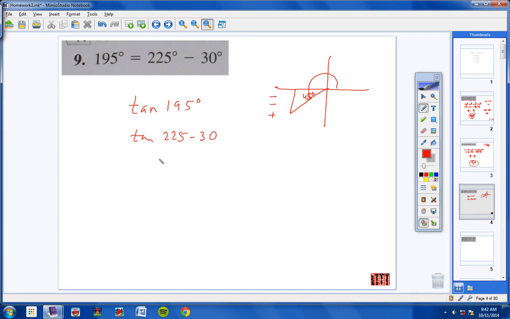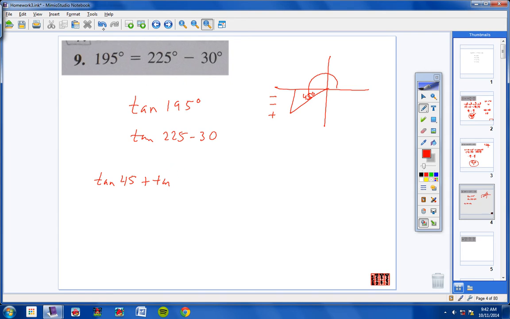So here we go. Tangent of 225 minus tangent of 30 would be the same thing as, now let's use our trig identities, okay? We know that we have tangent of u plus tangent of v. So it would be the tangent of, now remember, tangent of 225 is the exact same thing as the tangent of 45, okay? Because tangent in this quadrant is positive, okay? Plus the tangent of v, so plus the tangent of 30. And I think I made a little mistake there.